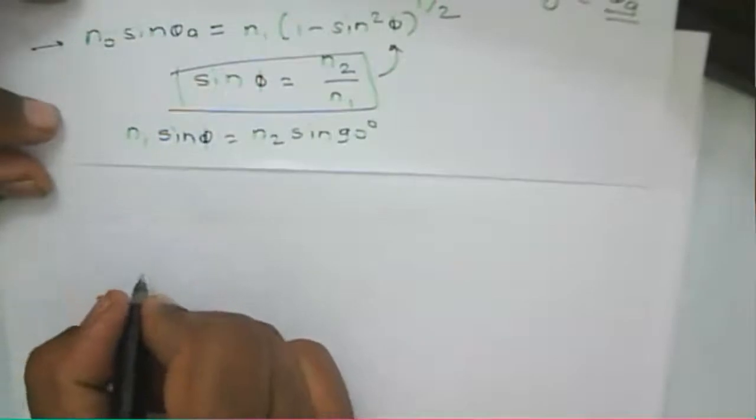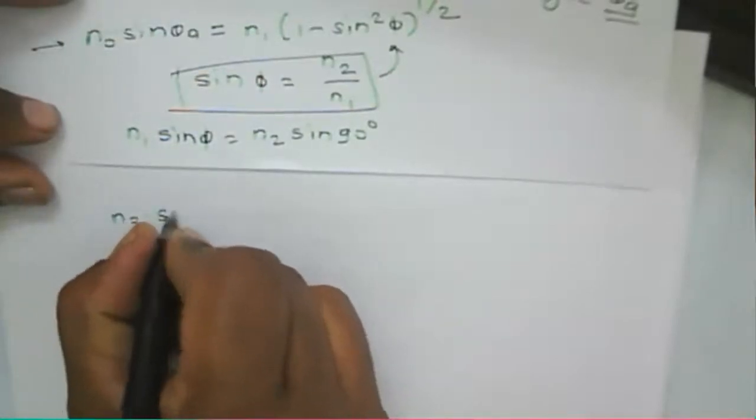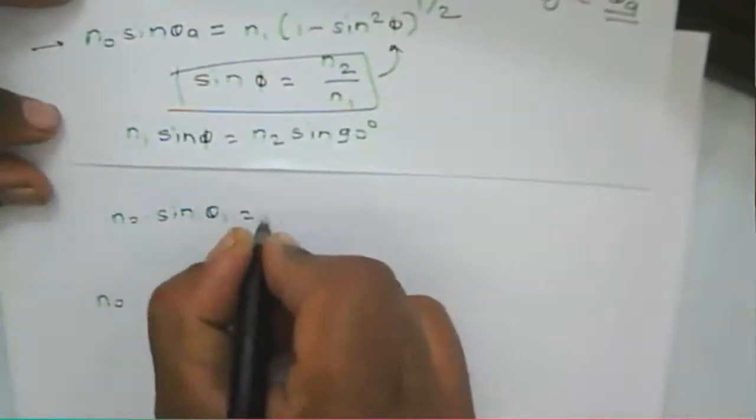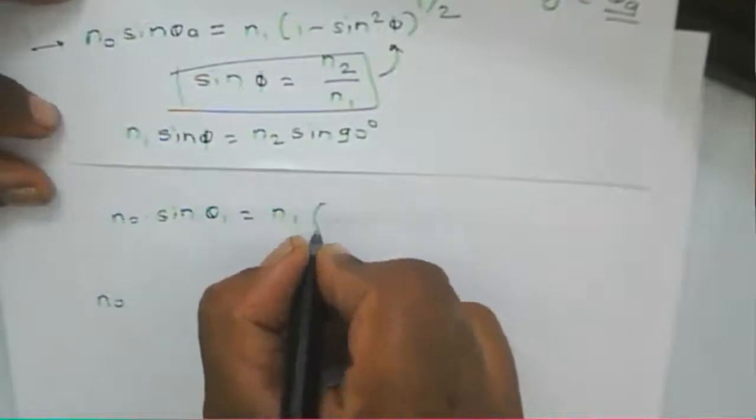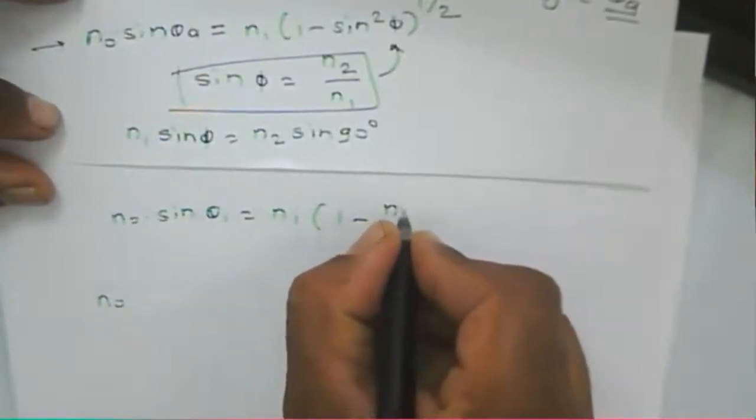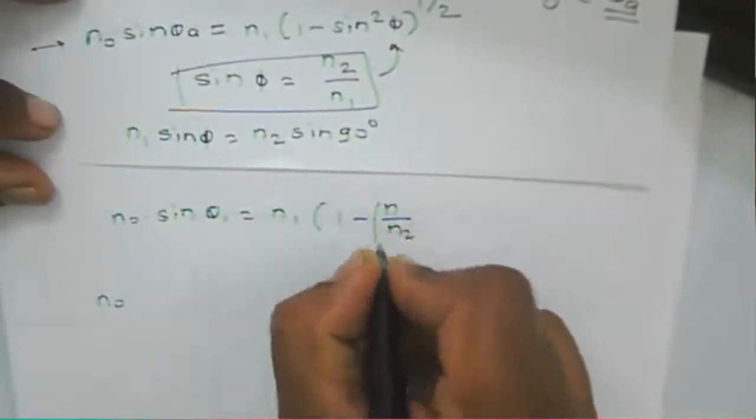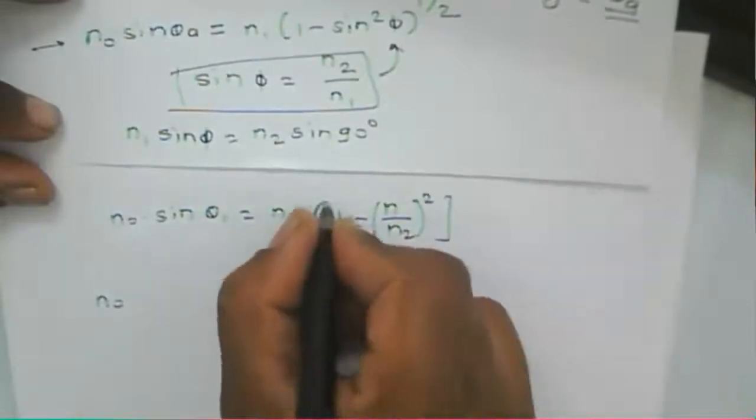So in that case, sine of phi will be n2 by n1. Now if we rewrite the equation, we put sine of phi equal to n2 by n1 here.